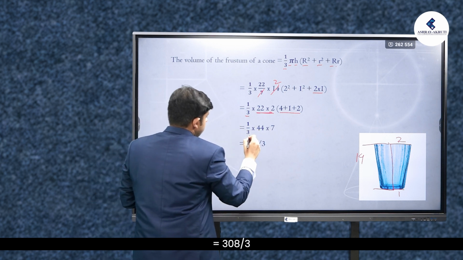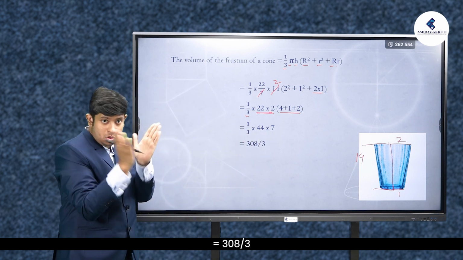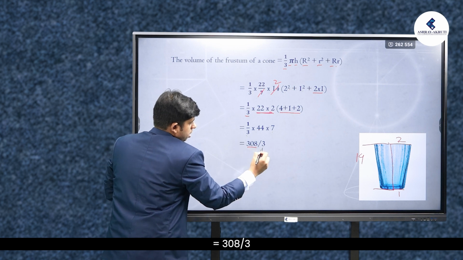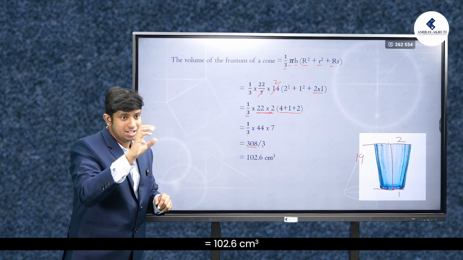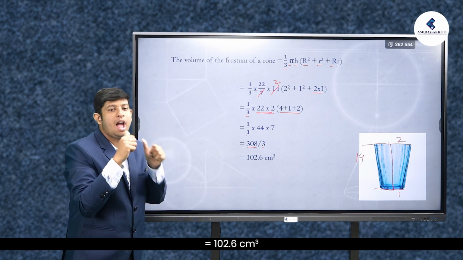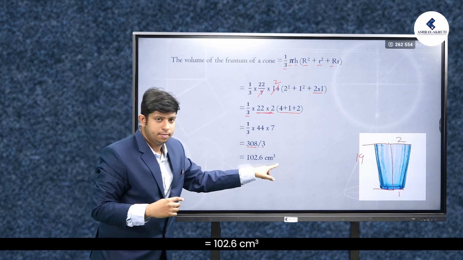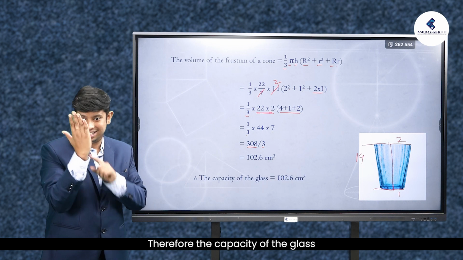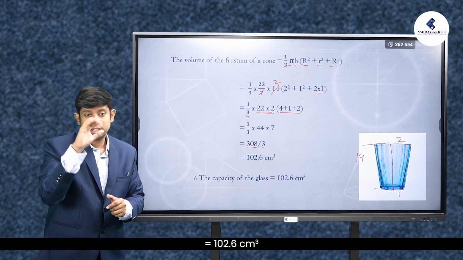By multiplying them, we get 308 by 3. That is equal to 102.6 centimeter cube. Therefore, the capacity of the glass is equal to 102.6 centimeter cube.